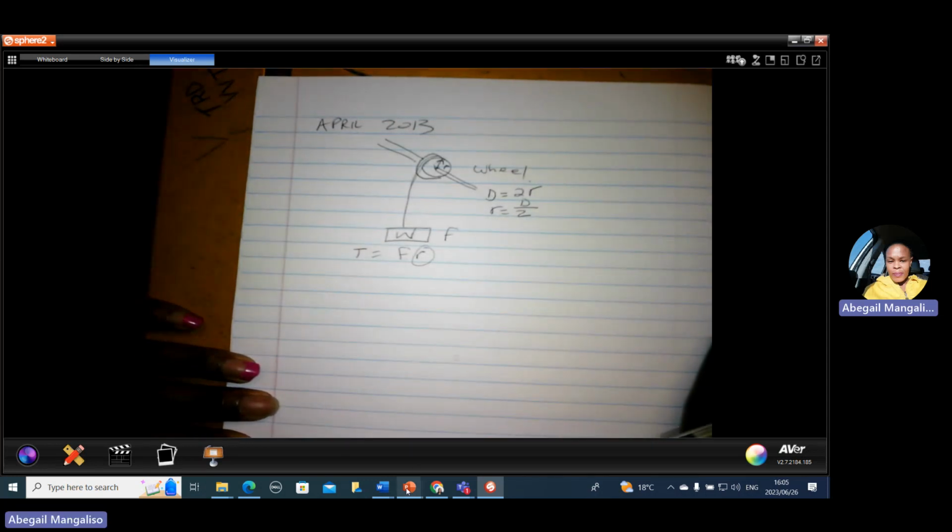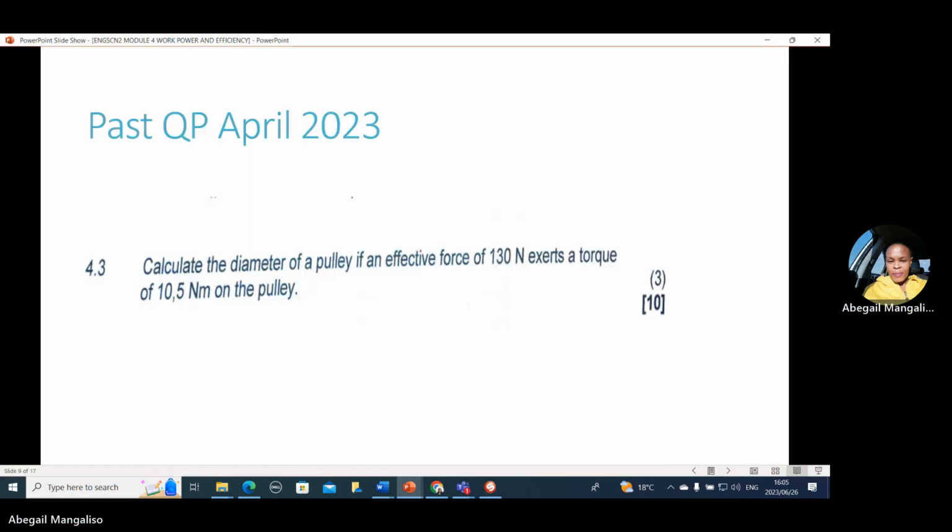In this question, you are given the force as 130 Newton and the torque as 10.5 Newton meter. It says calculate the diameter. Now you come to formulas.